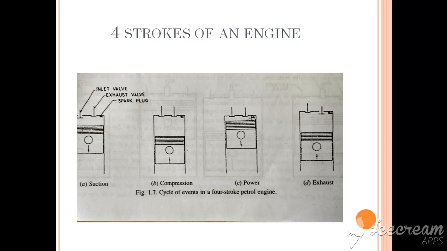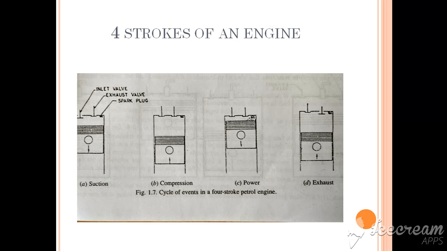In the first stroke, the extreme left diagram what we are having, this is the suction stroke. So here the piston moves from top dead center to the bottom dead center. As the piston is moving from the top dead center to the bottom dead center, the inlet valve gets opened as we are seeing in the valve timing diagram.